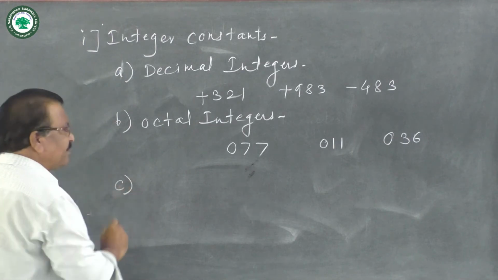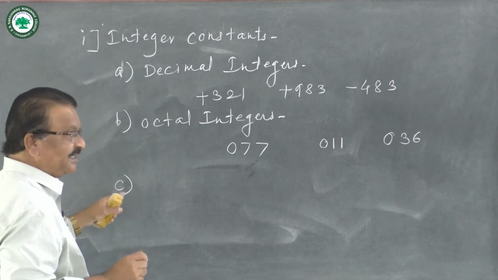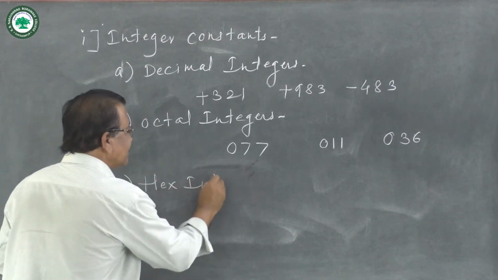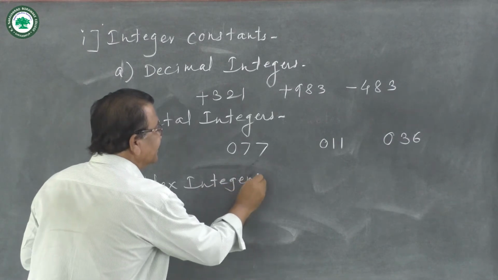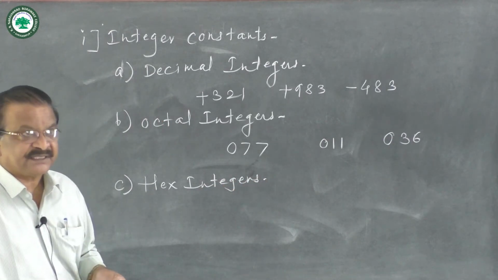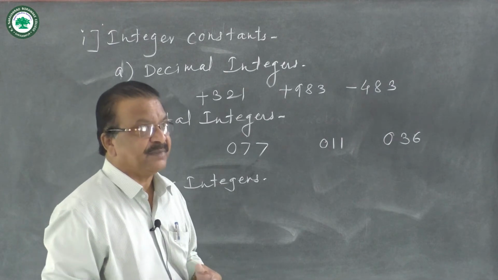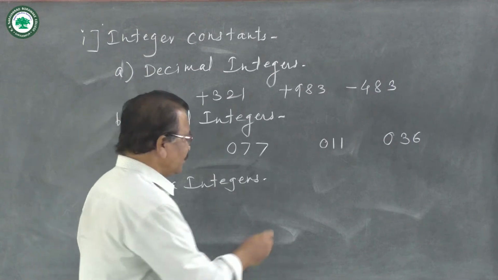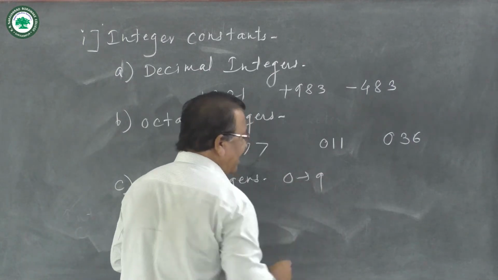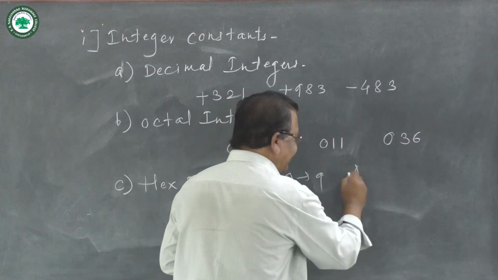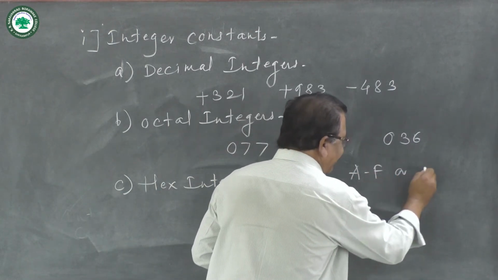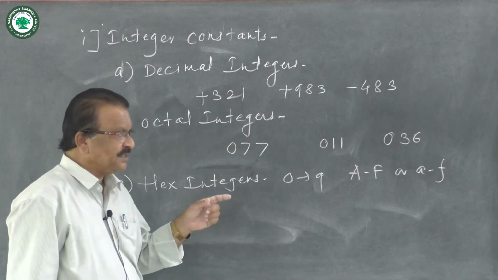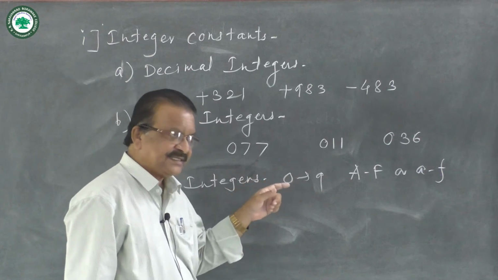Then the third type of integer constants are hex integers or hexadecimal integers. As the name indicates, hex means 16. These are base 16 numbers. They constitute a set of digits from 0 to 9 and letters uppercase A to F or lowercase a to f. 0 to 9 are 10 characters, and A to F are 6 letters.